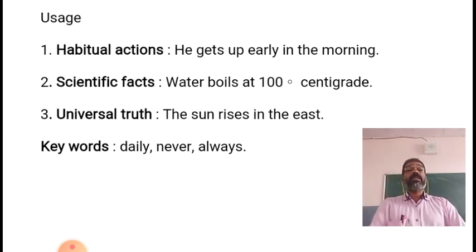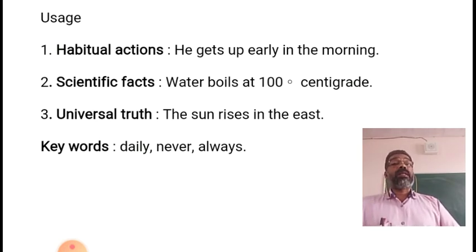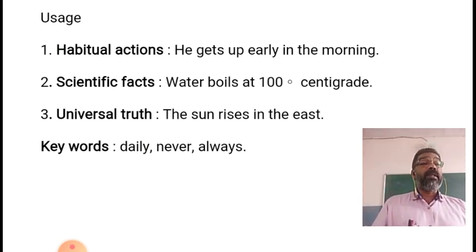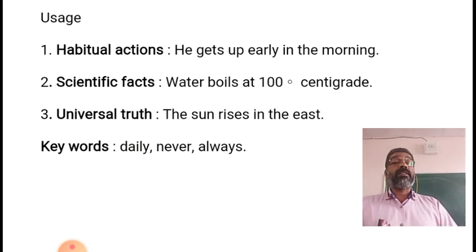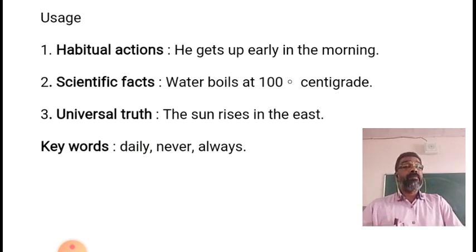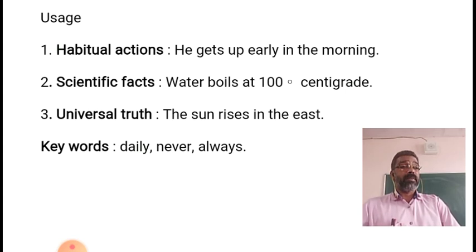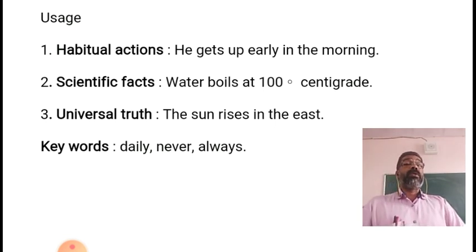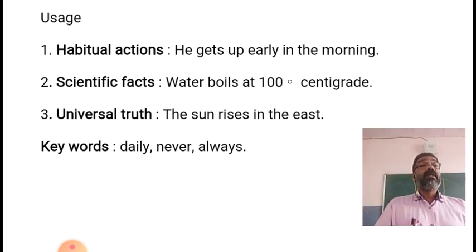Then universal truth. The sun rises in the east. It's a universal truth. A universal truth means a fact that is the same everywhere in the world. The sun rises in the east.